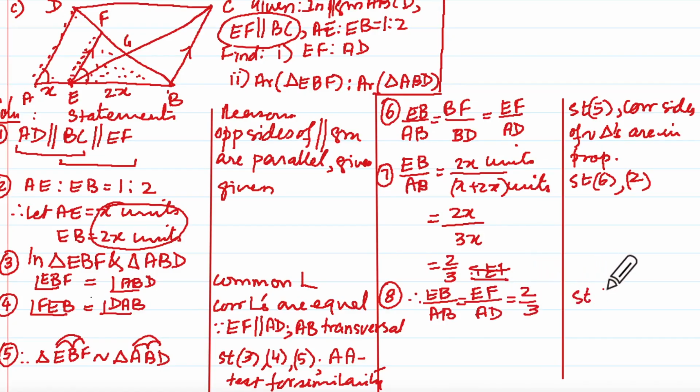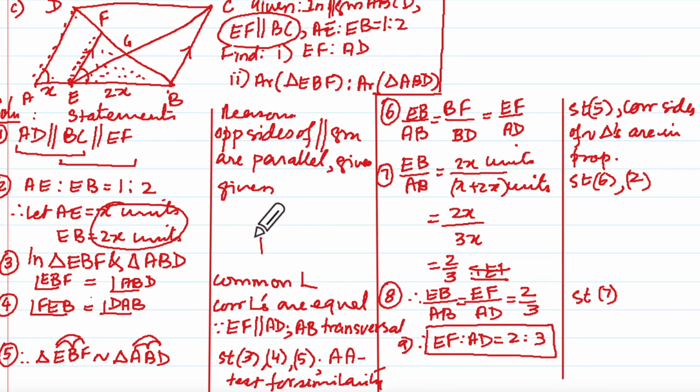This will be from statement 7. And the 9th one, you will say, therefore, EF is to AD is equal to 2 is to 3. Okay, so proving this is 1 mark. Then getting this is 1 mark.